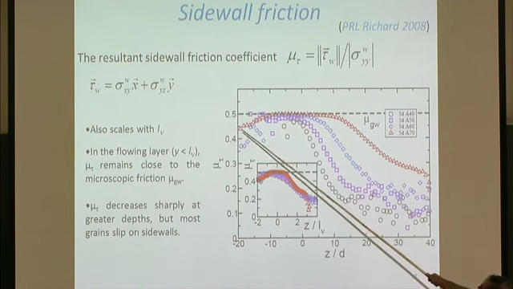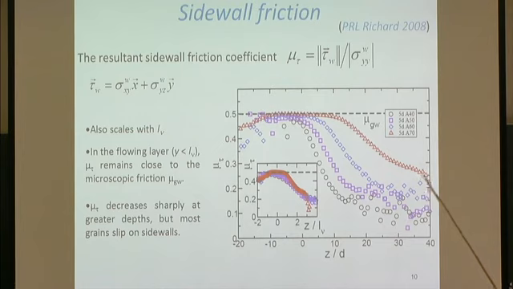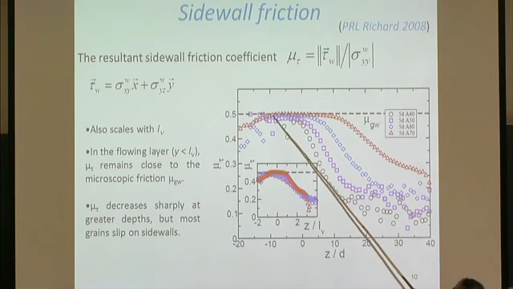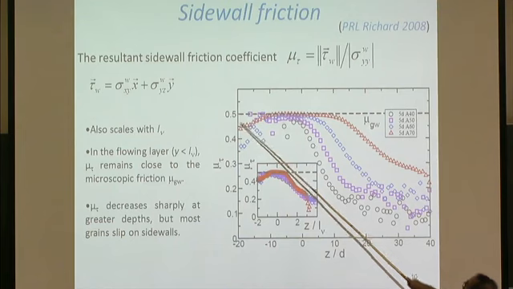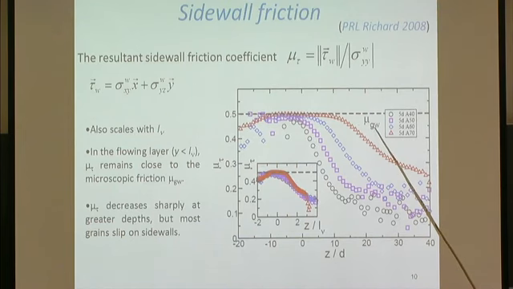Here it is the surface, here it is in the depth, so in the quasi-static part. Here is the part which is flowing. What you see is that in the part which is flowing, it's nearly constant, and it's about the value of the microscopic coefficient of friction between the grain and the wall. When you go deeper inside the heap, it decreases.